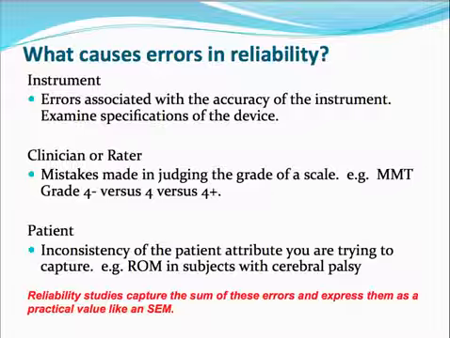In the first case, it'd be the goniometer. In the second case, it'd be the actual questionnaire you're using. That may cause error independent of you or the patient. The second source is you. In the first case, is it easy to place the goniometer, the arms and the axis, and then make the reading?